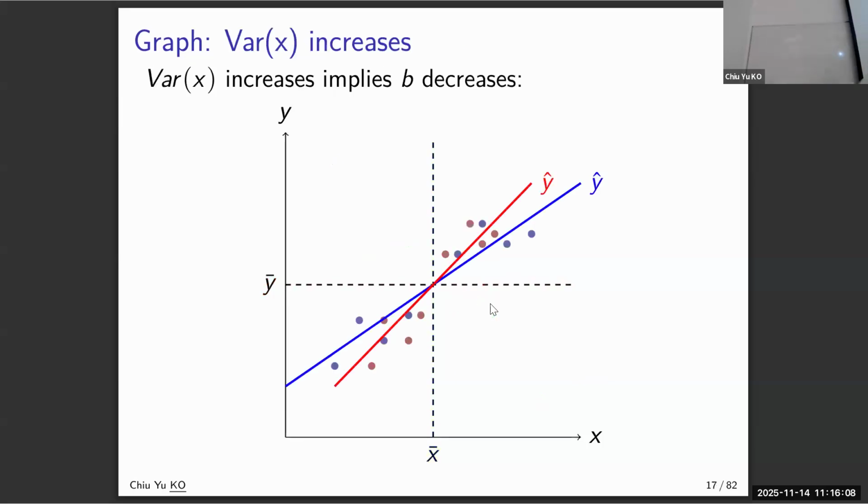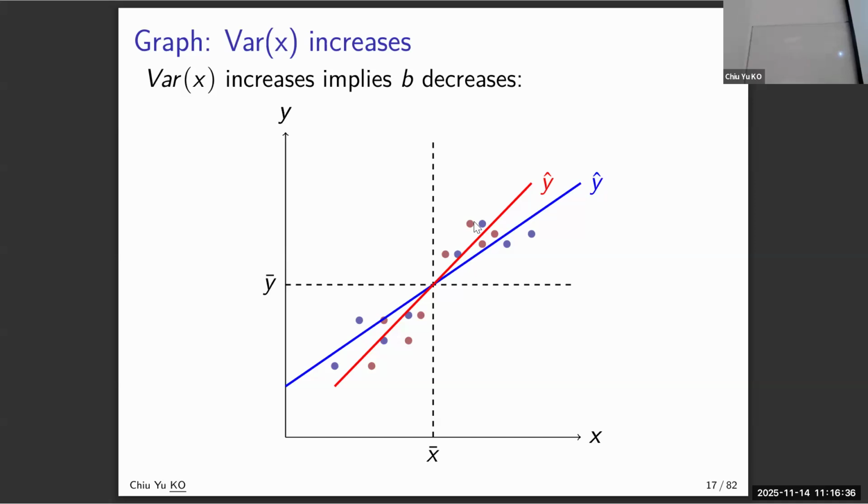The next thing to see is that the denominator of B is the variance of X. So let's see. Here, if variance increases, B actually decreases. Why? Look at the red dots. The red dots have the same mean, and you will see the red dots are closer to the center.